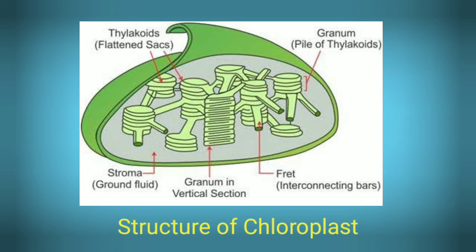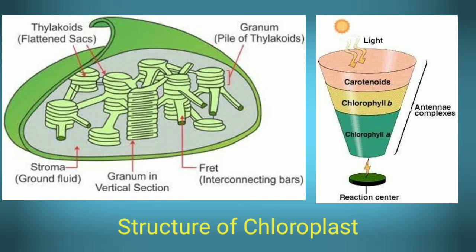So normally these 3 pigments are involved in the whole process of photosynthesis. And as discussed in the last class, this thylakoid possesses the photosynthetic pigments in it. And these pigments form some photocenters.